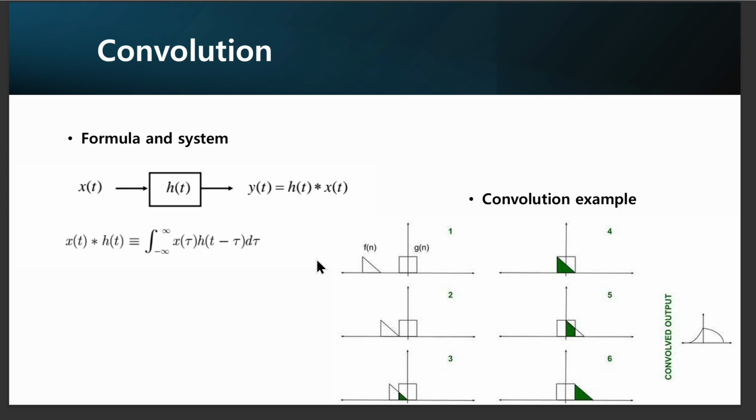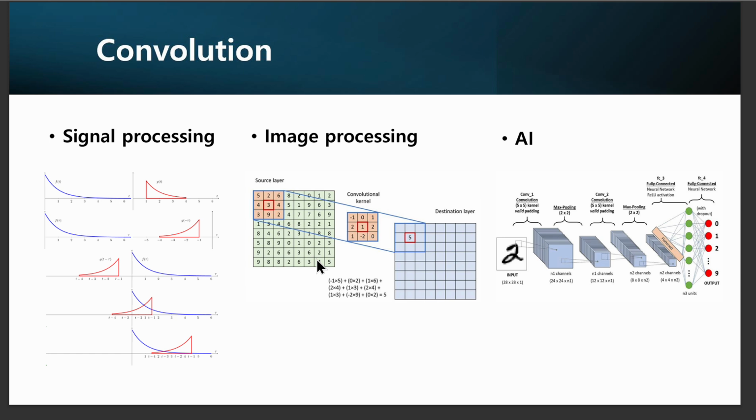The illustration below shows how the values result from the convolution of two functions. Convolution is widely used in various fields such as signal processing, image signal processing, and AI, as shown in the illustration.